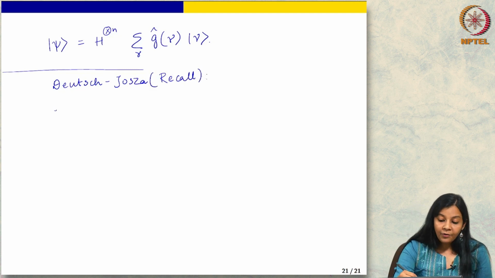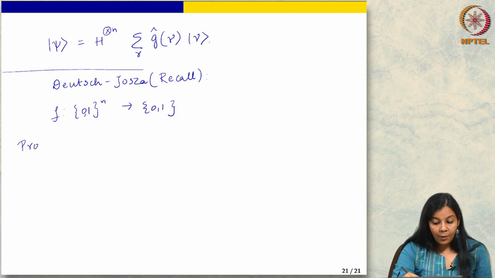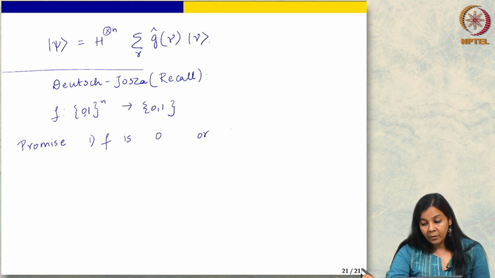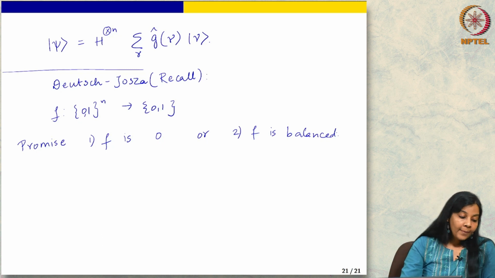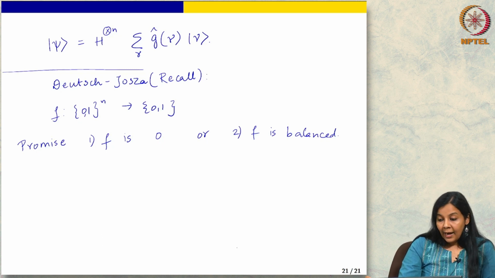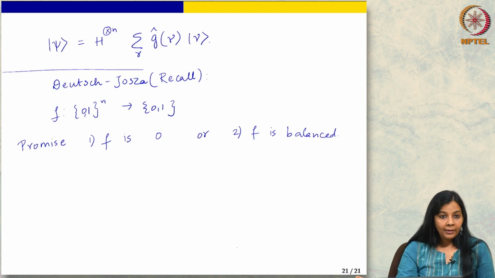Okay, so here if you remember, we had this function f, and we had a promise that either f is always 0 or f is balanced, right. We had this guarantee and we saw an algorithm and we also analyzed it.